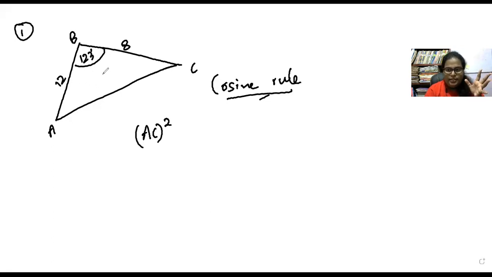So in these situations, you have to think about how we get the side of another angle. That means actually this AC is the opposite side of this 123 angle.